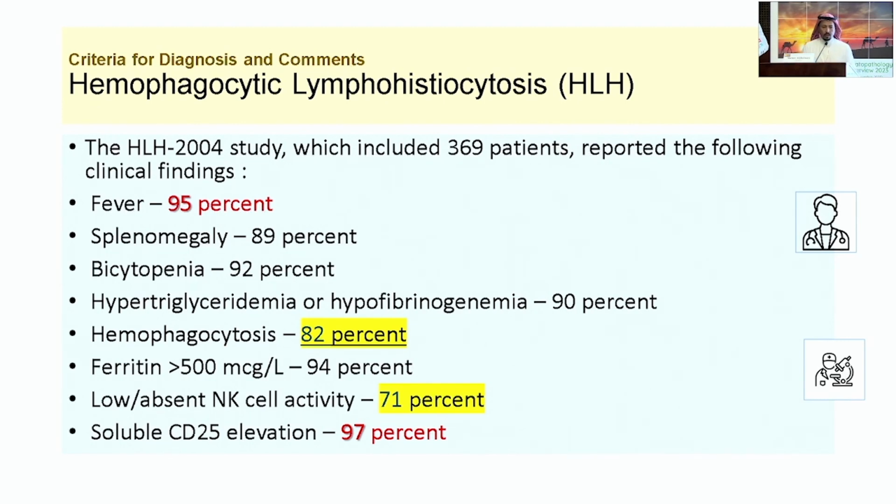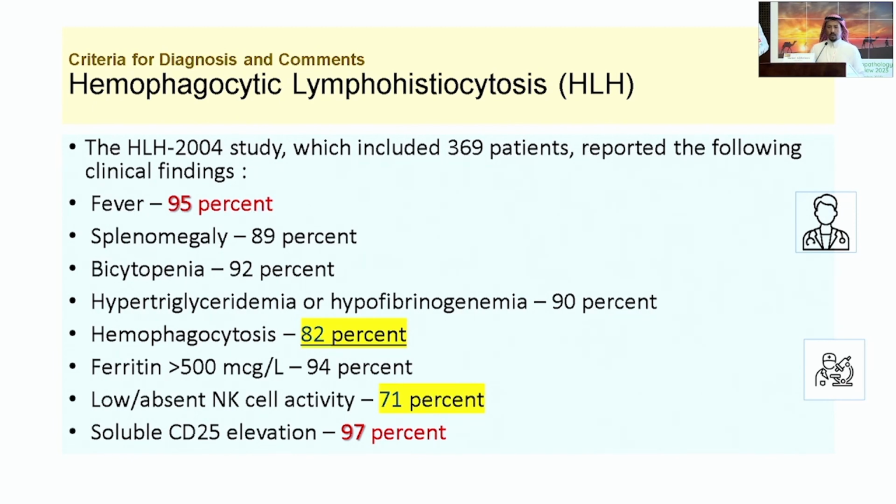Here you can see the percentage of the presence of the clinical features of HLH. Fever is around 95% of the cases. Splenomegaly is 89% of the cases. Bicytopenia, 92. Hypertriglyceridemia is 90.